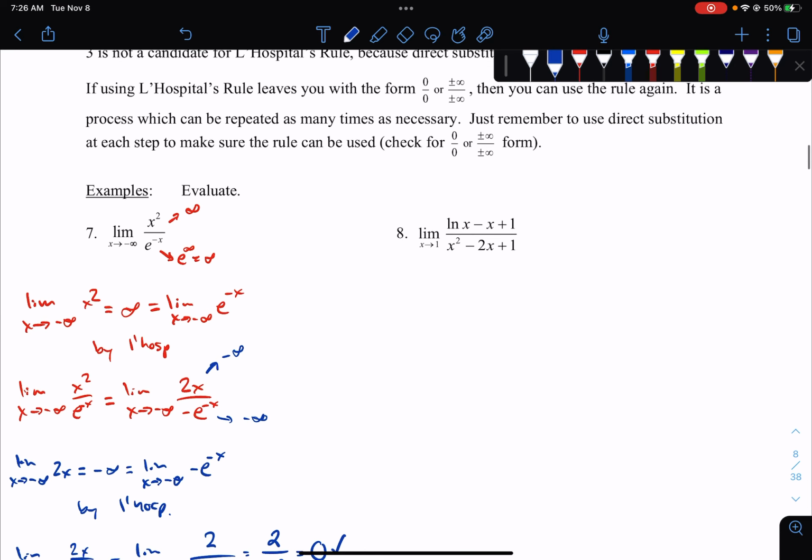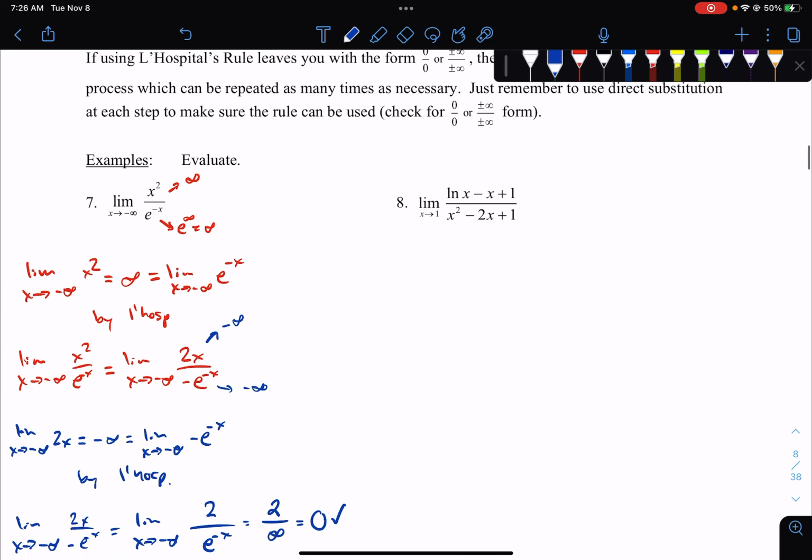Okay, number 8. The limit as x goes to 1 of the natural log of x minus x plus 1 over x squared minus 2x plus 1. So let's check and make sure L'Hopital works. If I plug a 1 in on top, I get the natural log of 1, which is 0, minus 1, which is negative 1, plus 1, which is 0.